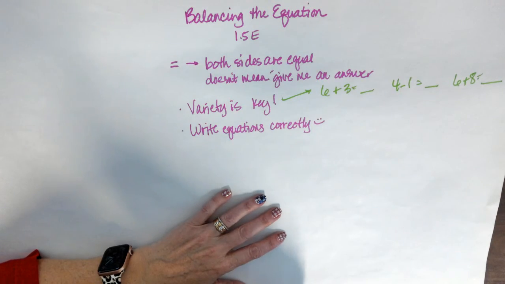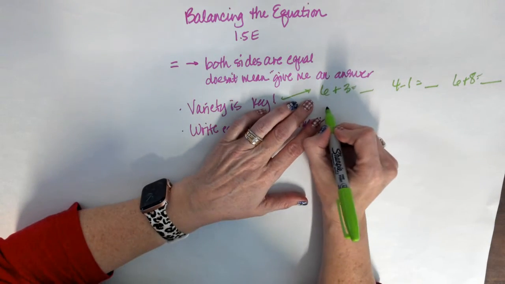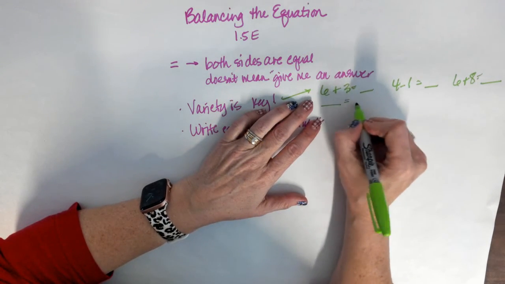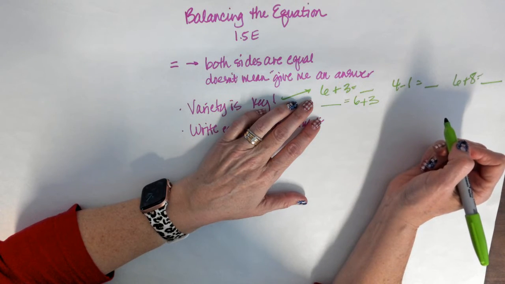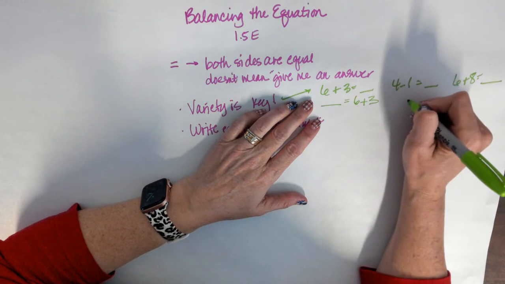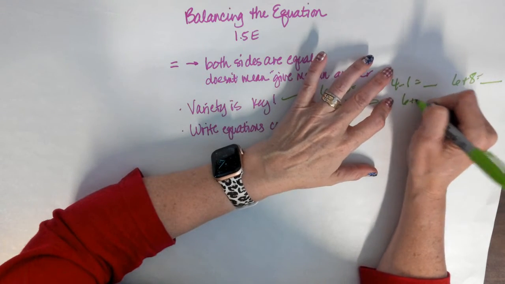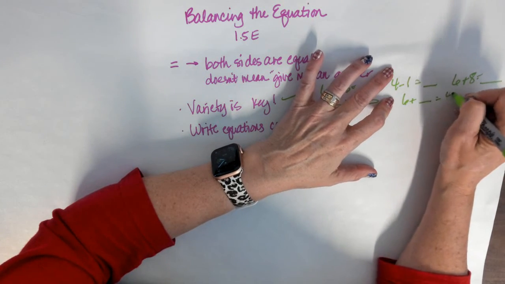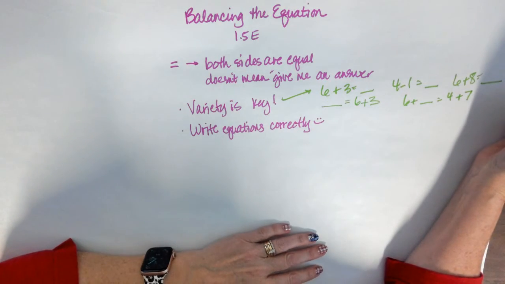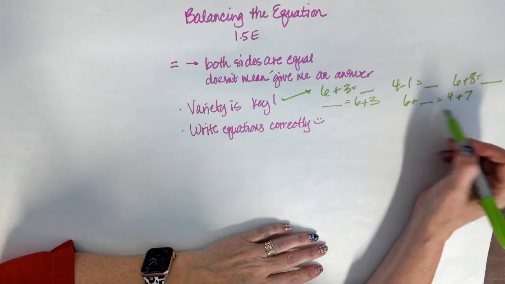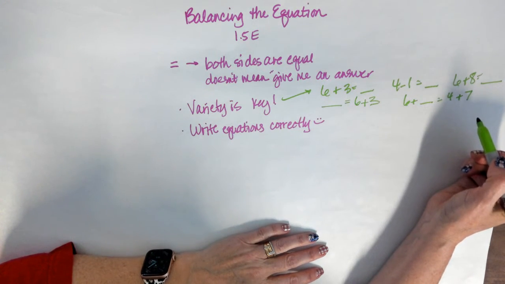So I have to vary that by doing things like blank equals 6 plus 3, moving the equal sign around. Could be 6 plus blank equals 4 plus 7, so that kids see that things can happen on both sides of the equal sign.